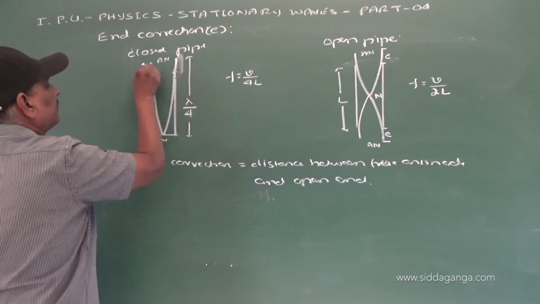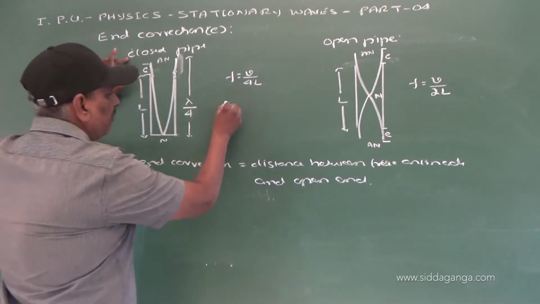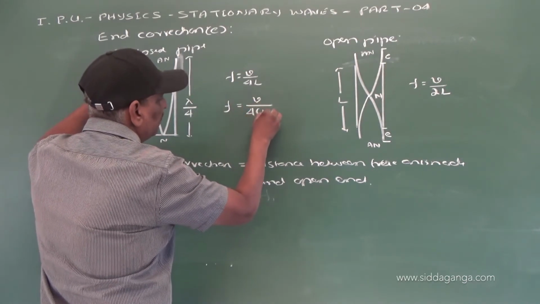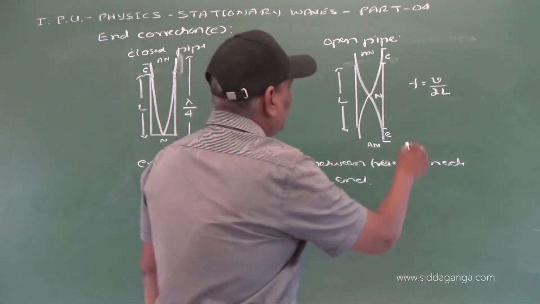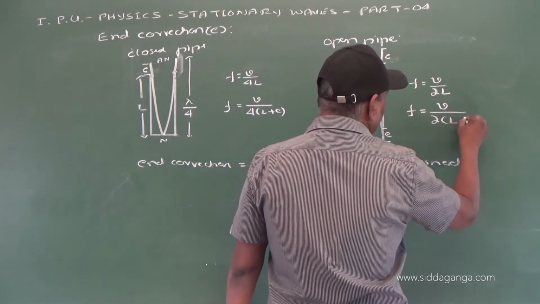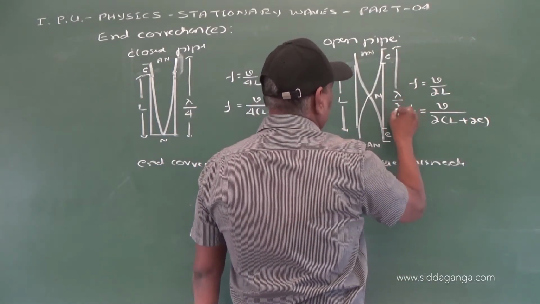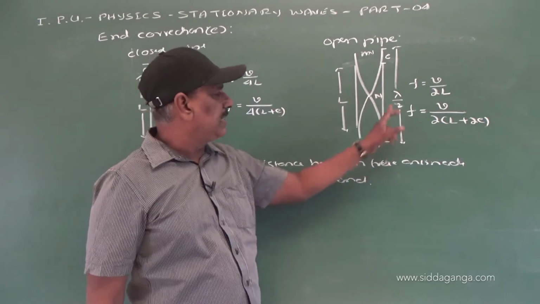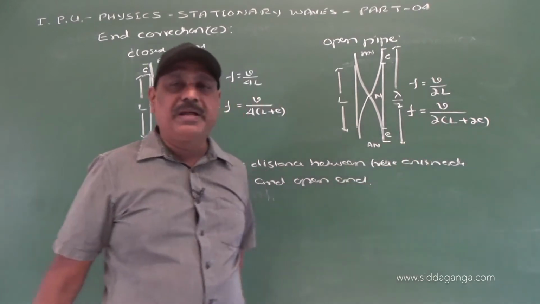Taking the end correction, L plus E is equal to lambda by 4. Therefore, replacing L by L plus E, F is V by 4 into (L plus E). This is the corrected formula. Here also, replacing L by L plus 2E, because this distance is lambda by 2 here, L plus 2E is equal to lambda by 2. Therefore, the formula becomes F is equal to V by 2 into (L plus 2E).